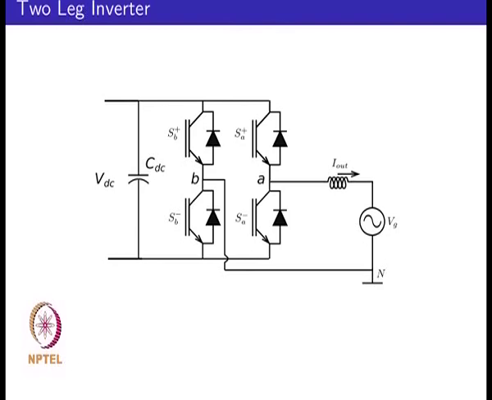modulation method where you are switching both legs of the power converter. Because now you have 2 legs, there are a lot of possibilities for the way in which you could have PWM on the 2 legs.